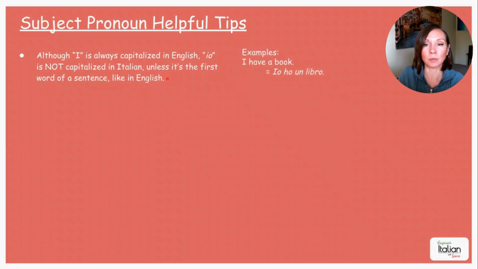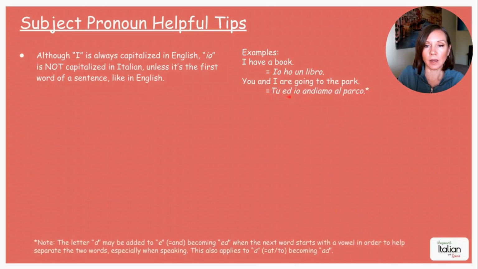Io ho un libro. So in this case, io is capitalized because it is the first letter of the sentence. You and I are going to the park. Tu ed io andiamo al parco. So in this case, because io is not the first word in the sentence, it is not capitalized. Okay?